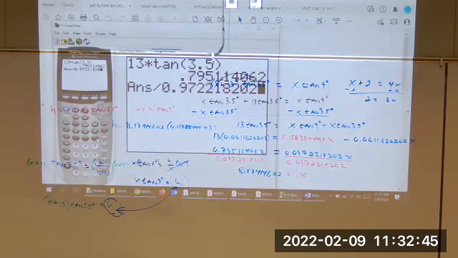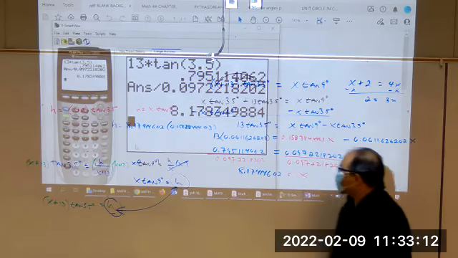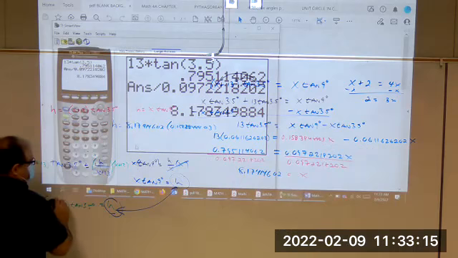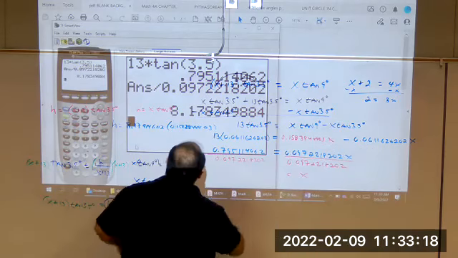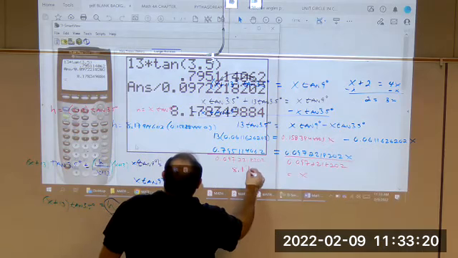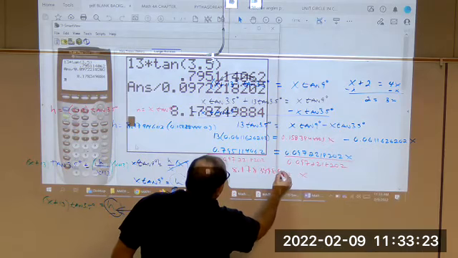I just have to go over here to the left and insert another 0. So it throws it off at the thousandth place. Eight point 178349884.